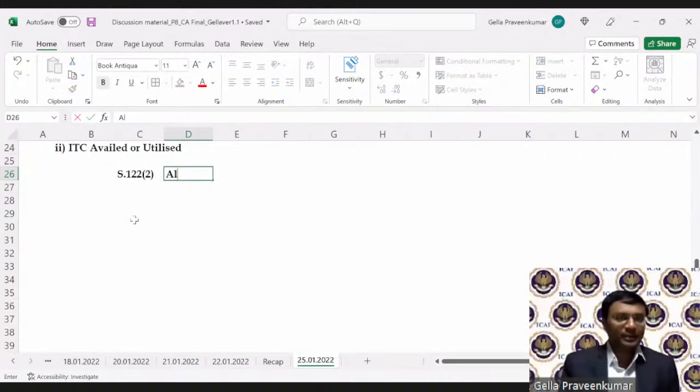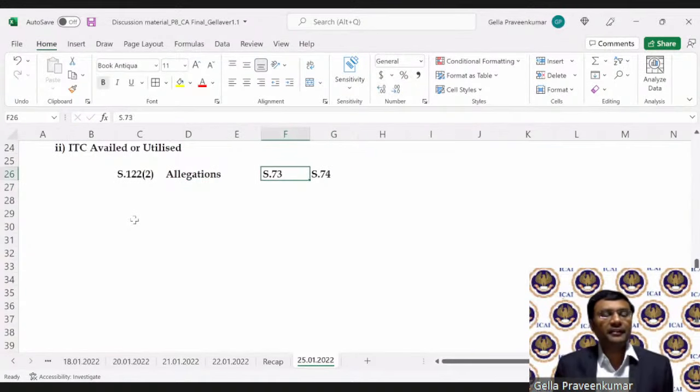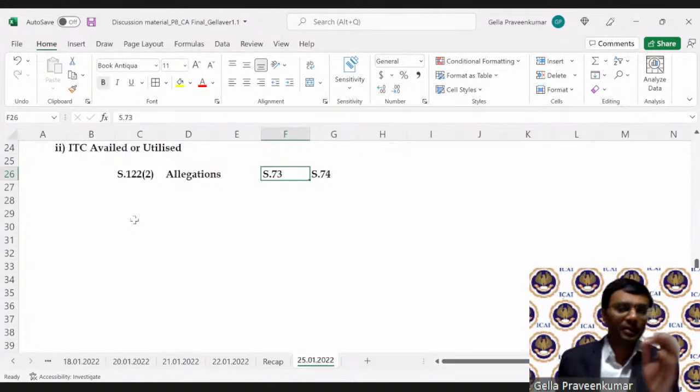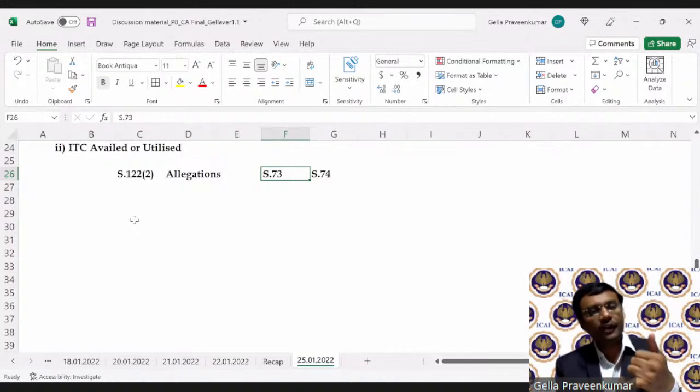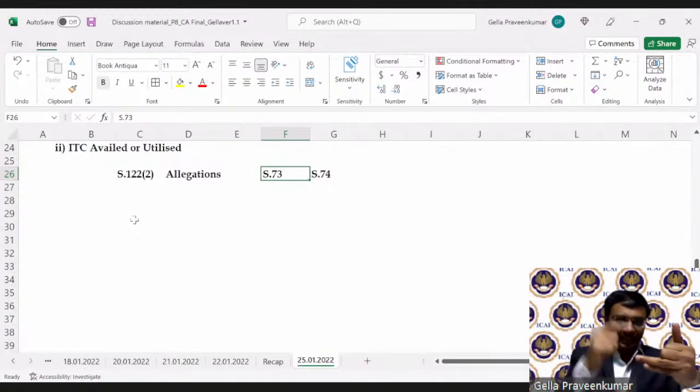Now, I would say allegations, section 73, section 74. Students, when we talk about 73, 74, make a note in your working notes. Non-existence of fraud, willful misstatement, suppression. Write down fraud, below that willful misstatement, below that suppression of facts.